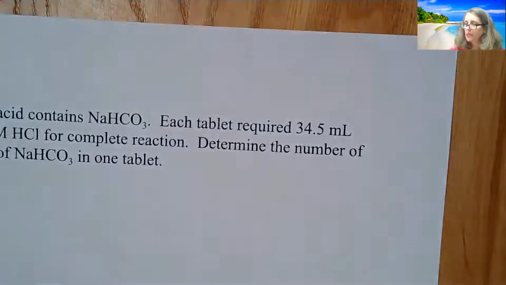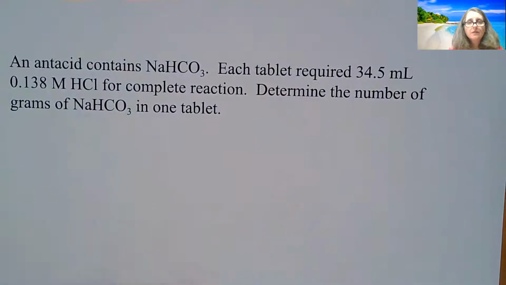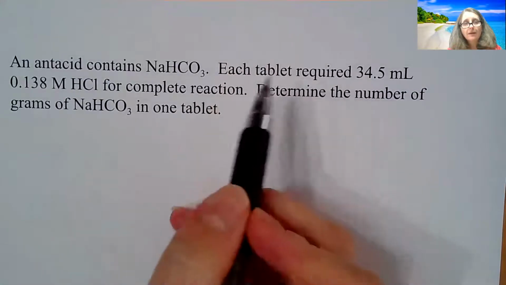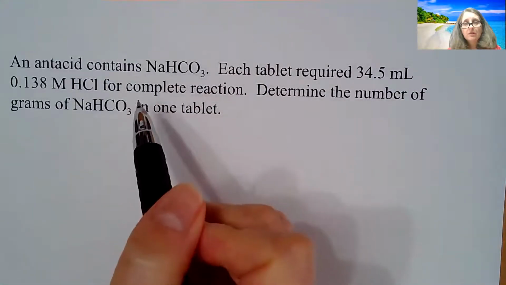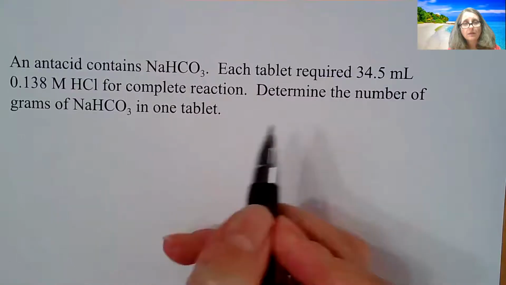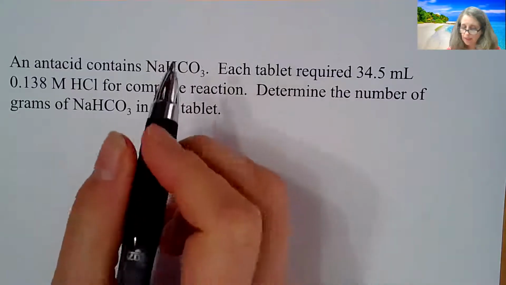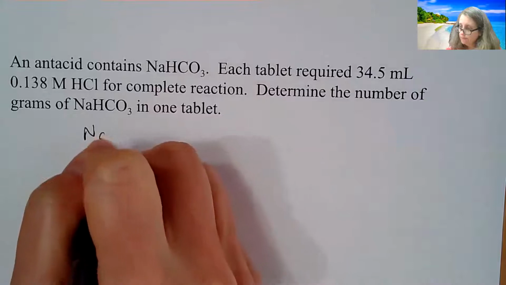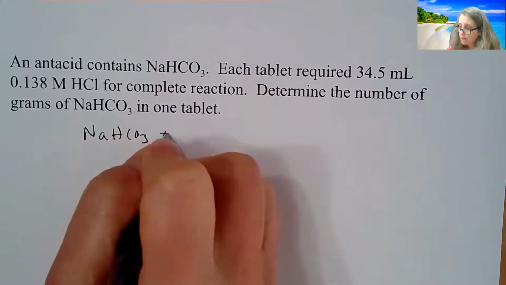This next one is kind of unique because you have an antacid, sodium hydrogen carbonate or sodium bicarbonate. You have a tablet, it's a complete reaction, so this is neutralizing that acid. Determine the number of grams in 1 tablet. So for this one, I'll help you out a little bit with the balanced chemical equation.